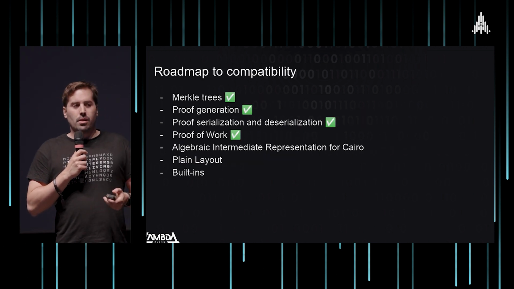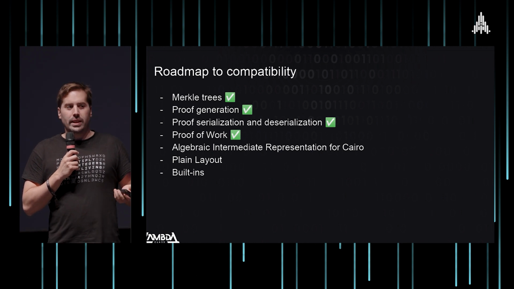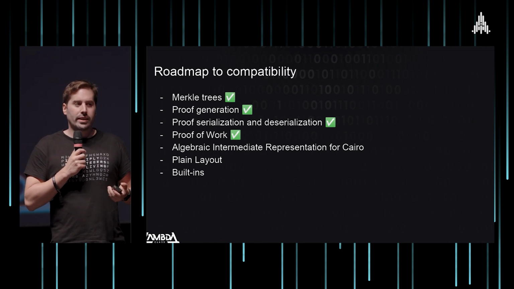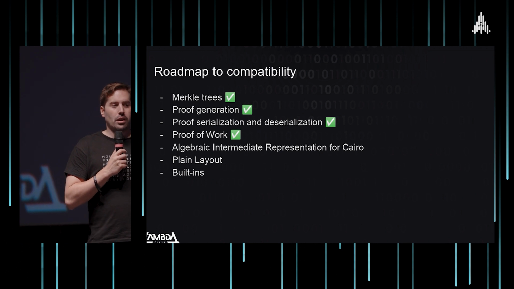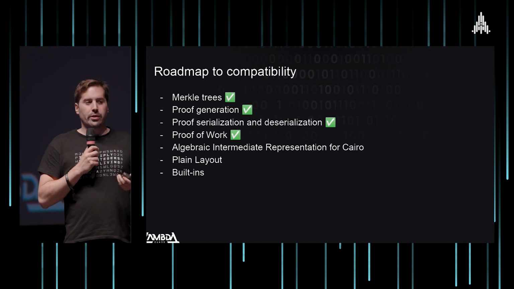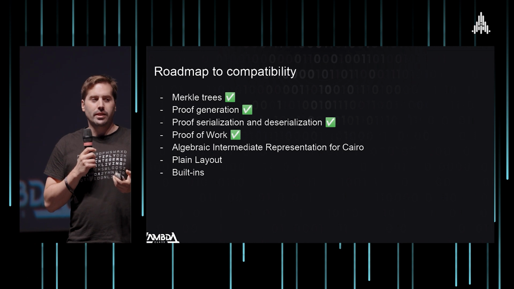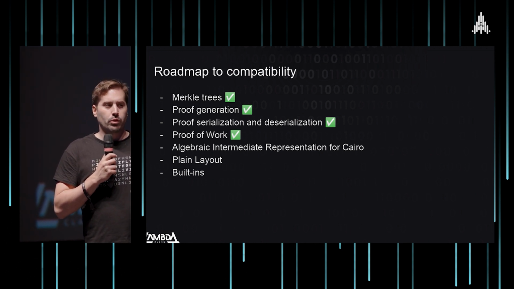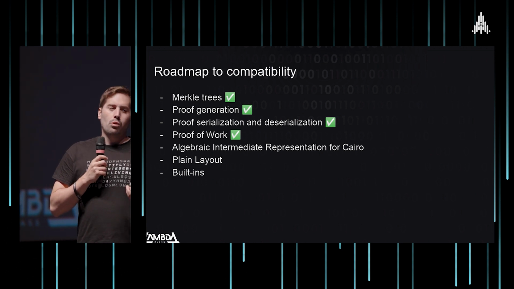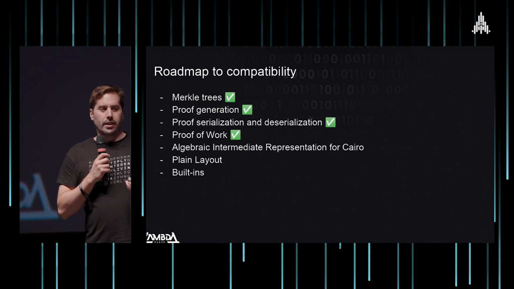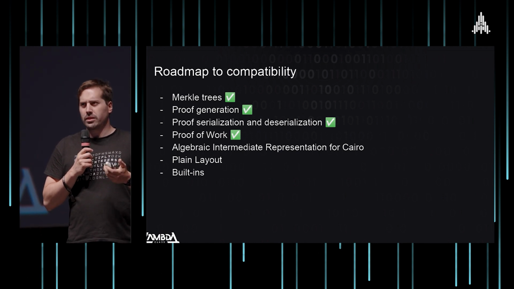Well, there are some major steps towards compatibility with the Stone prover. Right now we have finished Merkle trees, proof generation, proof serialization and deserialization, and also the proof of work. And now what we have to finish is the algebraic intermediate representation for Cairo.